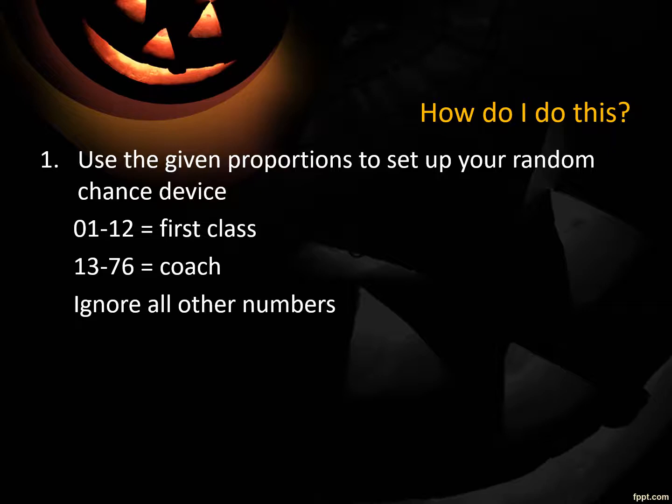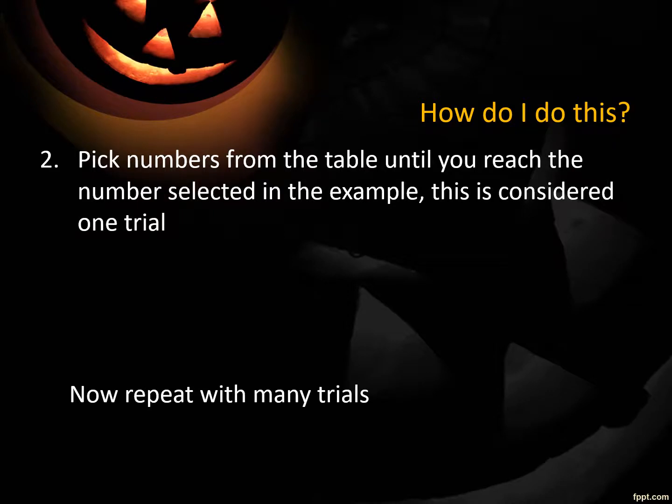Okay, so step 1 is just set up my random chance device. And then the next step would really be to say how you are going to do this, and that involves number 2. We're going to pick numbers from the table until you reach the number selected in the example, and this is considered one trial. In the example, there were 10 people randomly selected from the TSA, and 0 of them were first class.